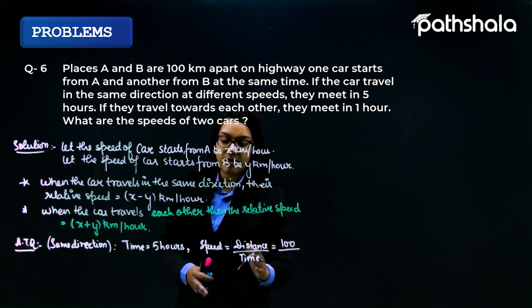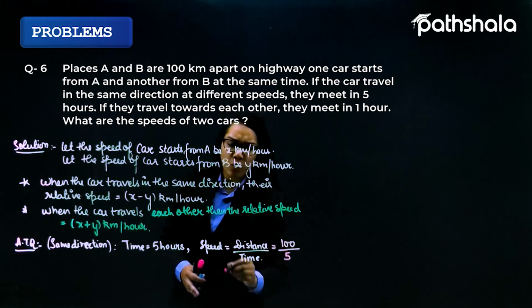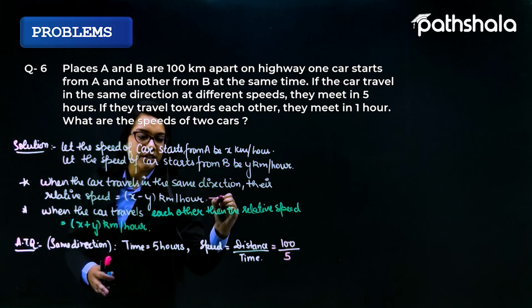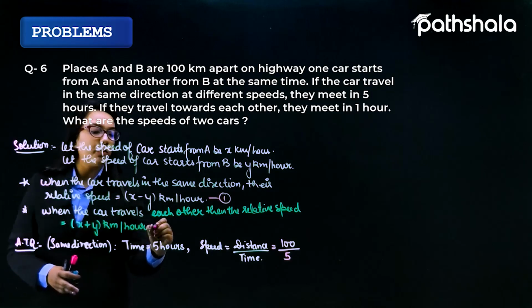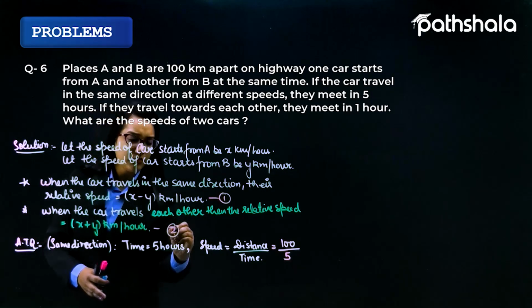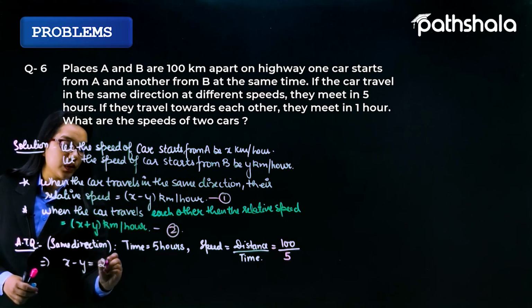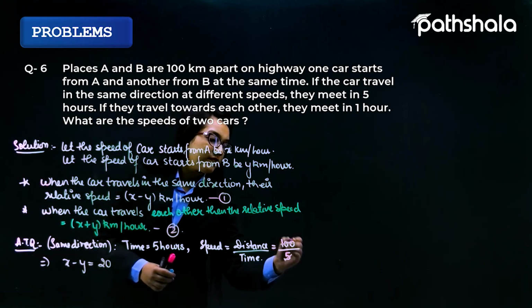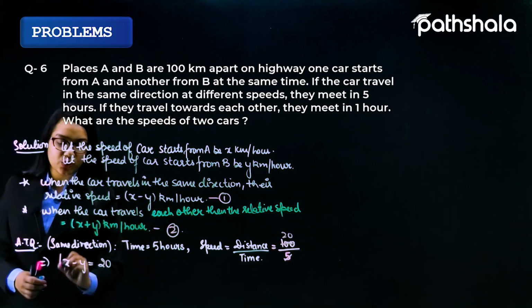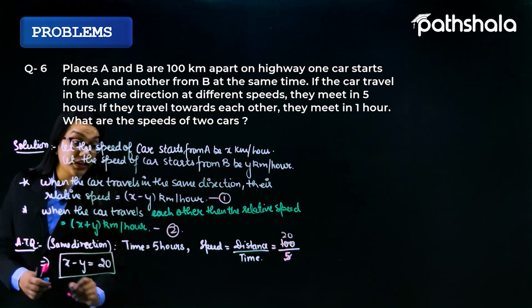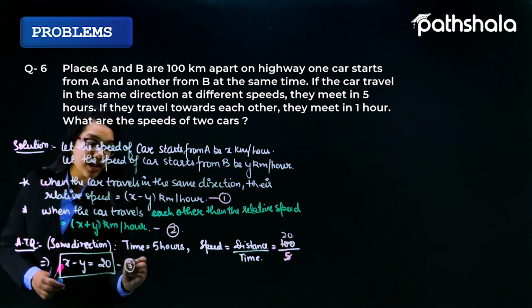The distance between places A and B is 100 km, and the time is 5 hours. So speed is equal to 100 upon 5, and the speed is x minus y km/h. Hence x minus y is equal to 20, as 5 into 2 is 10, so this is 20. So x minus y is equal to 20 is the very first equation that I am getting.